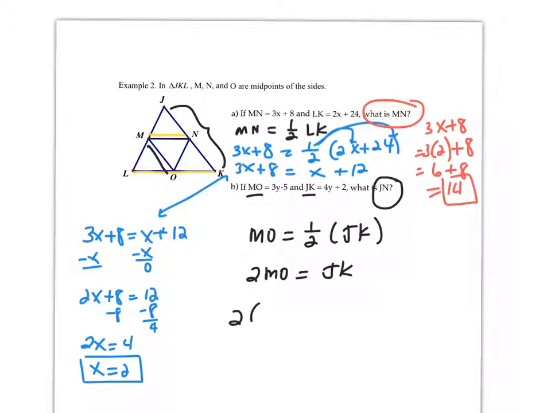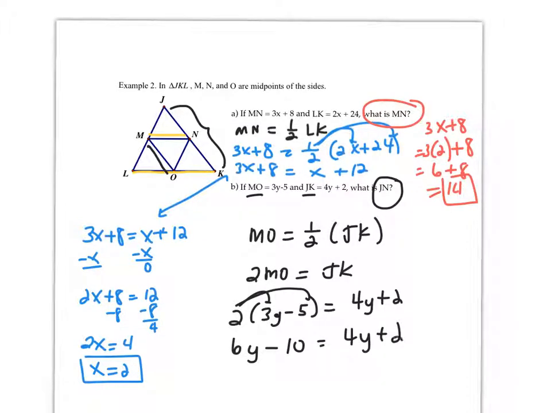So do 2 times MO, so 2 times 3y minus 5, and set it equal to JK, which is 4y plus 2. Distribute the 2, and we end up with 6y minus 10 equals 4y plus 2. Subtract 4y from both sides, and you end up with 2y minus 10 is equal to 2.